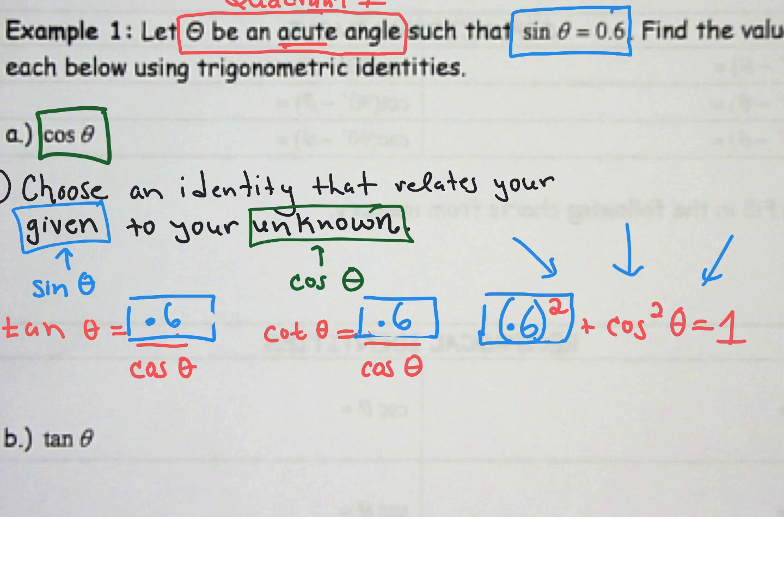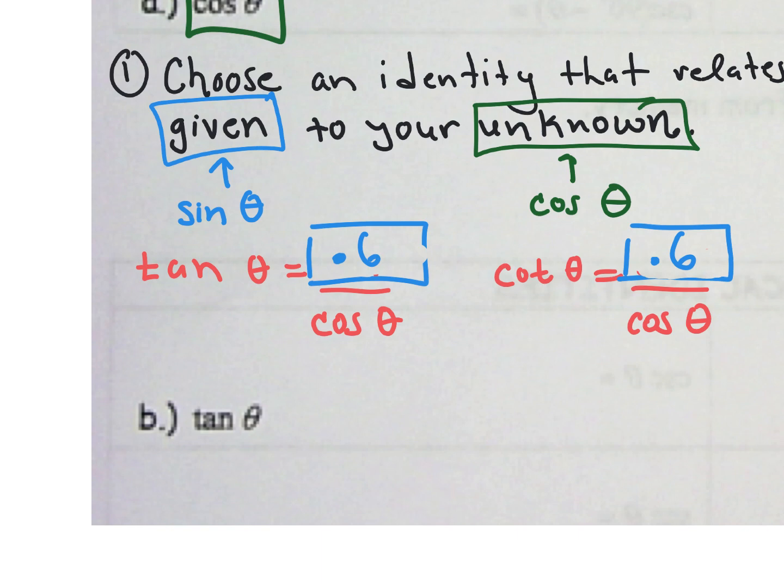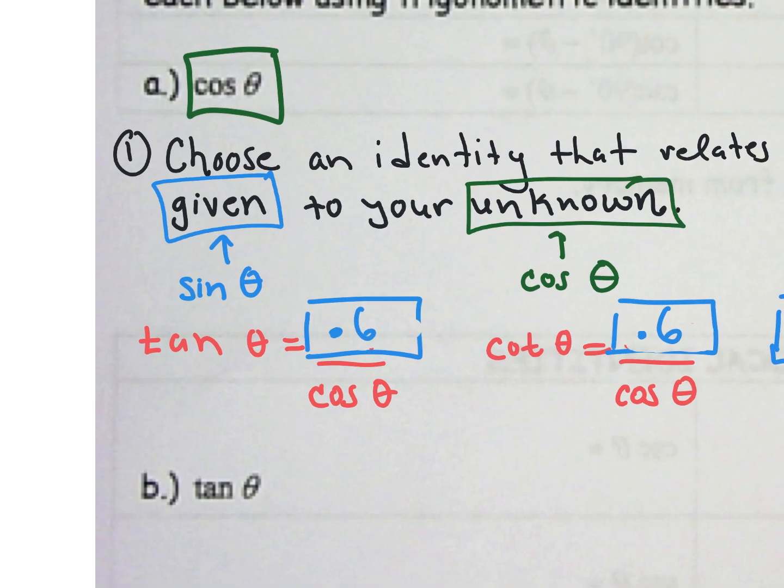So the question I'm getting is, why do we have to choose that one on the right? Well, we're trying to find cosine. You get that? That is the goal of this problem. I gotta find cosine, solving for a number for cosine. So if I try to solve this equation for cosine, just for fun, for giggles, because y'all asked, I'm here to serve, I would multiply both sides by cosine theta.